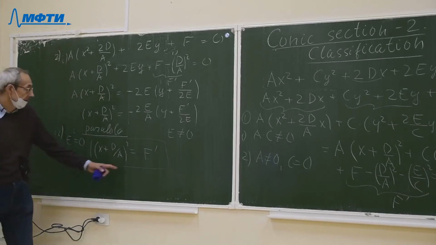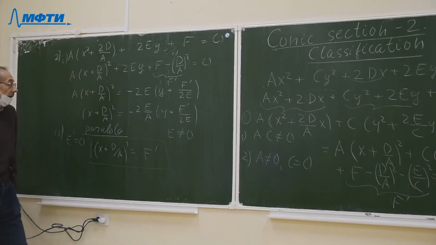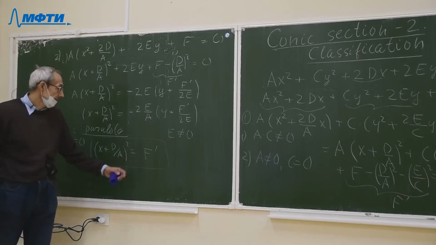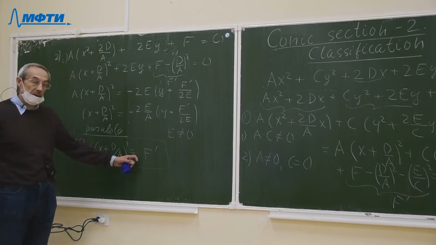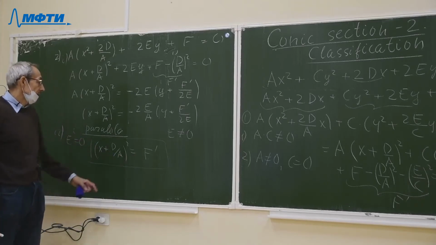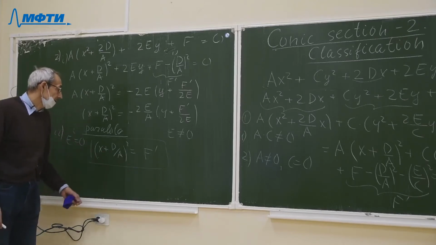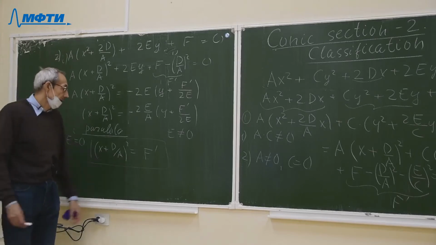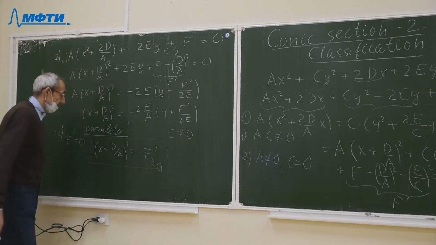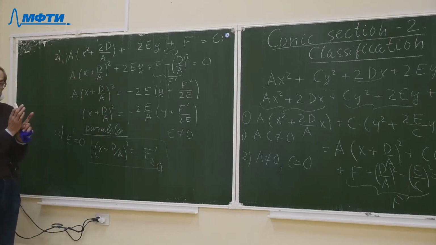And if f prime is greater than or equal to 0, we obtain a pair of parallel straight lines. In the case when this number is less than 0, we obtain the empty set, and when this number is equal to 0, we obtain two coinciding straight lines.